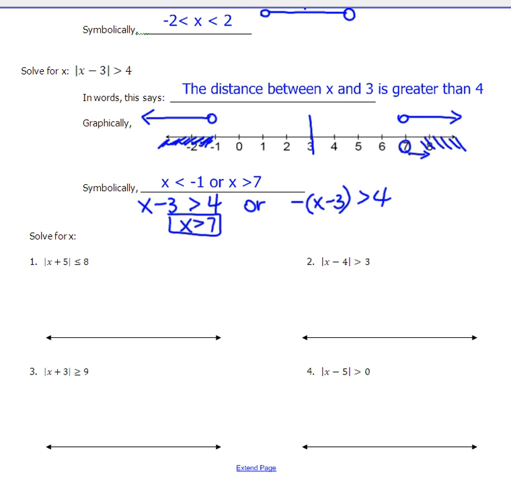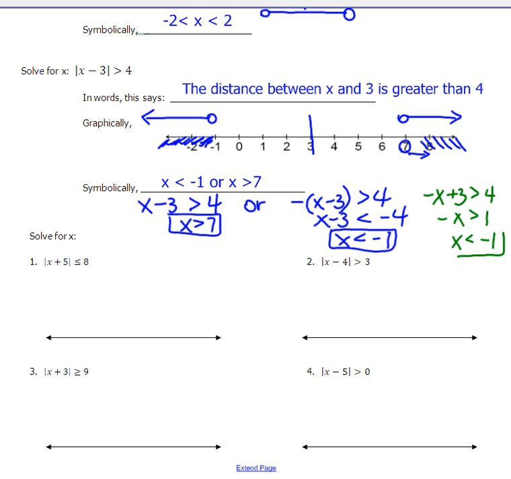To multiply both sides by -1, I would have to change that and say less than -4. So I would get x is less than -1, which is what you saw over to the side. The alternate way of doing this would be to say -x plus 3 is greater than 4. I get -x is greater than 1. Then I would multiply or divide through by -1, flip the symbol, and it would be x is less than -1. Either way, I'm still getting that -1.